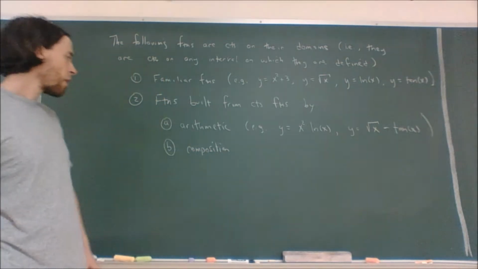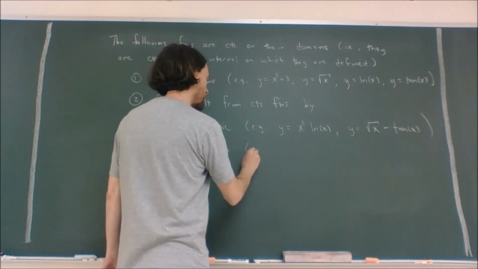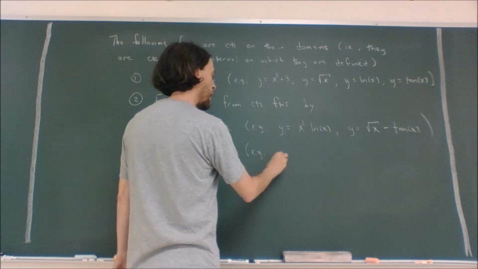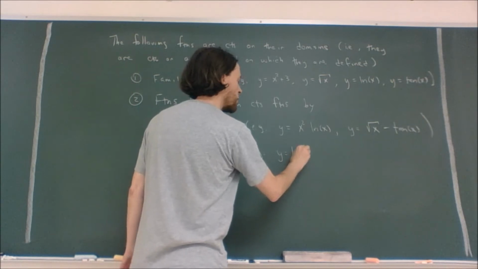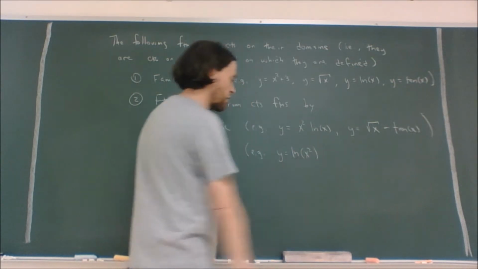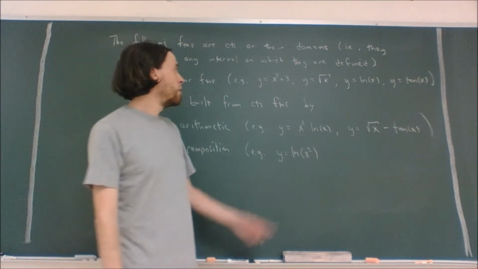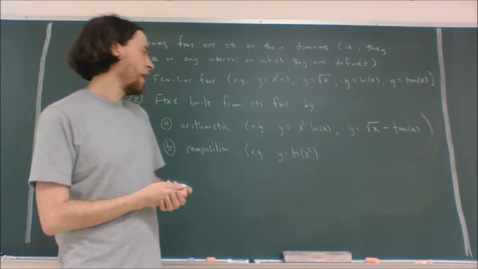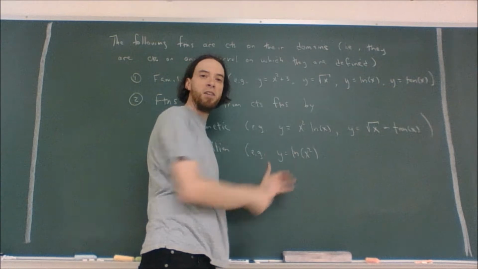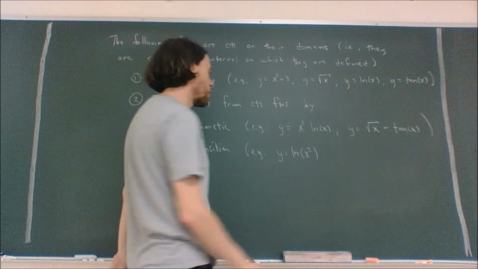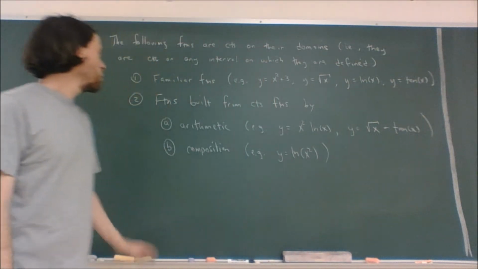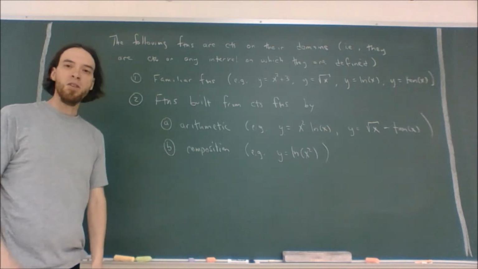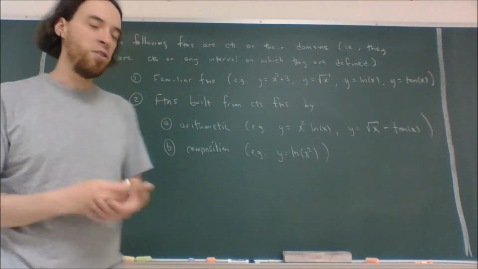For example, we might have something like y is equal to natural log of x squared, right? So we took the familiar function natural log x and the familiar function x squared, and we put the x squared inside of the natural log. Okay? So any function like this is going to be continuous on its domain.